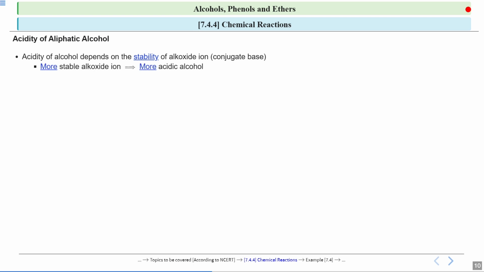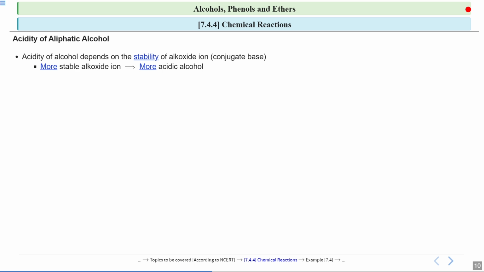Now the acidity of alcohols depends on the stability of the alkoxide ion, that is, as I told in the previous slide, the conjugate base. So the more stable the alkoxide ion, the more acidic will be the alcohol. As we saw in case of phenols, the phenoxide ion, that is the negative charge, is more stable because of the resonance and resonating structures.